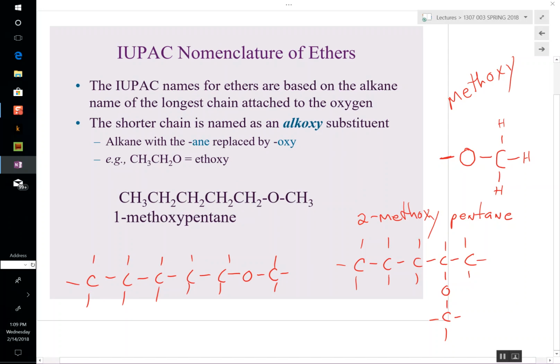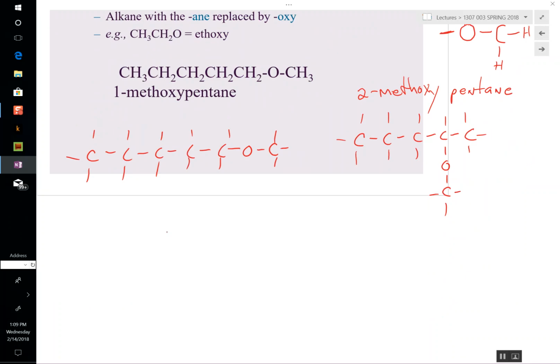What else did I want to say about this? All right, you can see the general name they're giving it is alkoxy. Here's an alkyl group. It happens to be a methyl with an oxygen, so that's your simplest alkoxy, called methoxy. But we could have this situation.